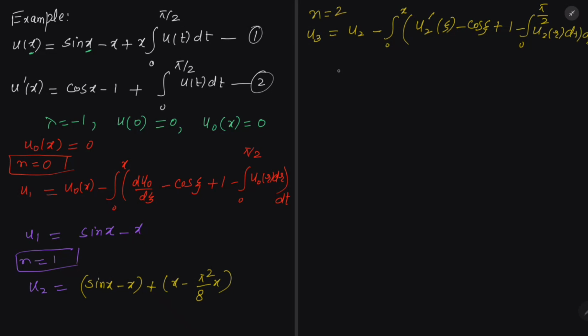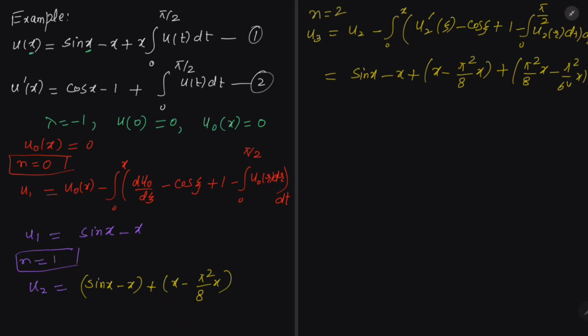So the answer is sin x minus x plus x minus pi square by 8 x plus pi square by 8 x minus pi square by 64 x.